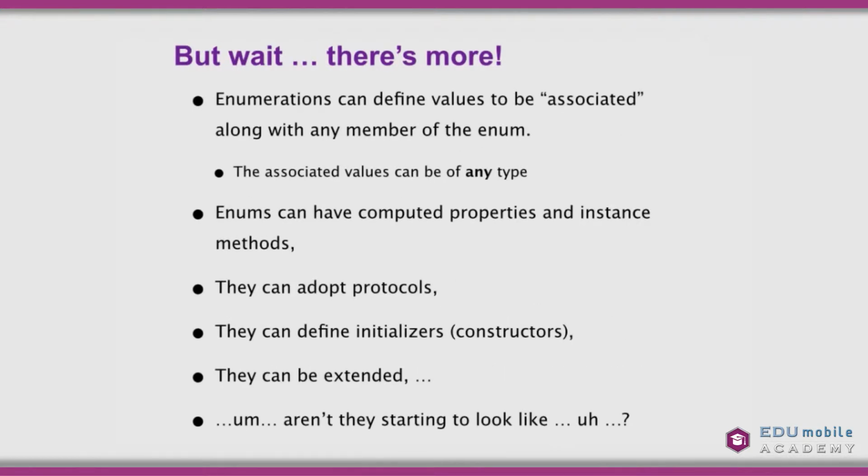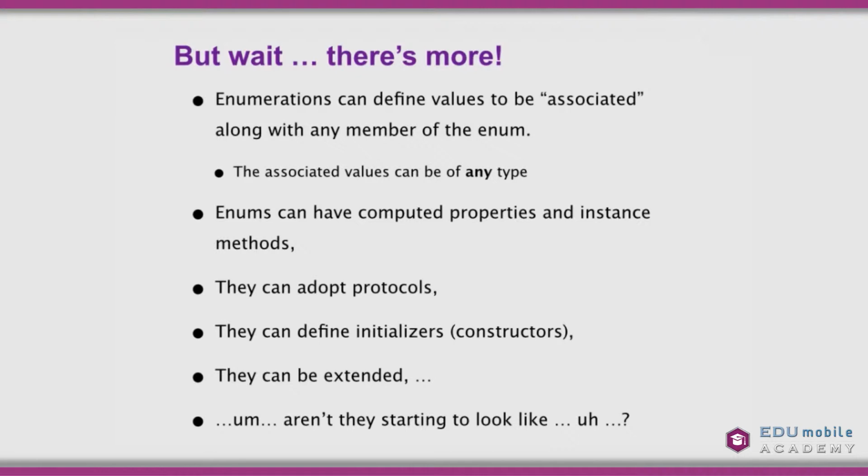But wait, there's more. Enumerations can define values to be associated along with any member of an enumeration. And the associated values can be of any type. Those associated values don't have to be one of the character, string, boolean, integer, double, or subtypes. They can be anything.